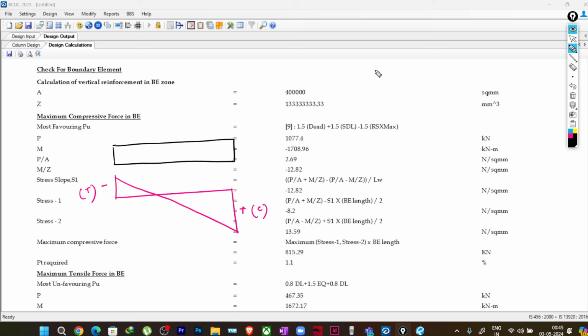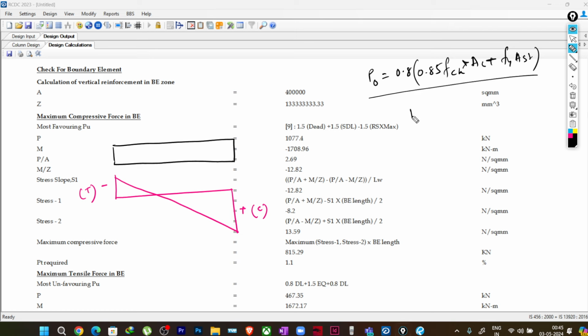It says that the axial capacity of the section, suppose P0, equal to 0.85 fck Ac plus fy into Ast. Okay, so this is how they are finding out the axial capacity of the section.